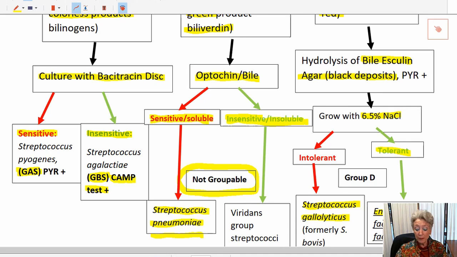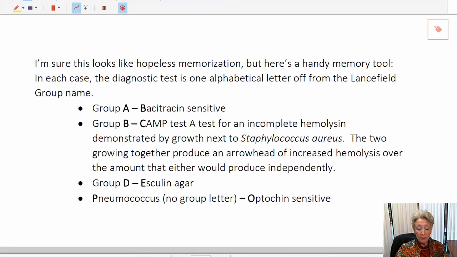Okay, now, if you're thinking that this looks like a hopeless level of memorization at this point, as we are only on the 16th page of this chapter, realize there's an easy trick to remembering these, and that is that the name of the group is always one alphabetical letter from the test which is used to distinguish them.